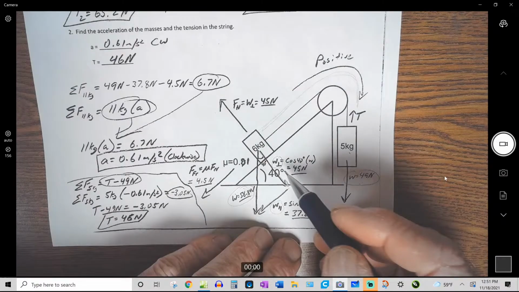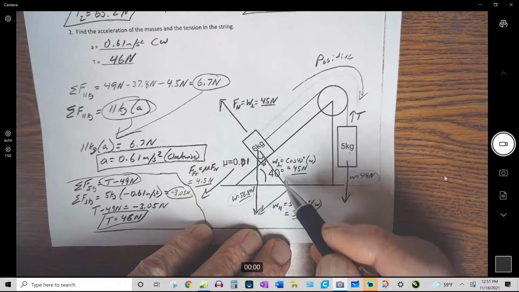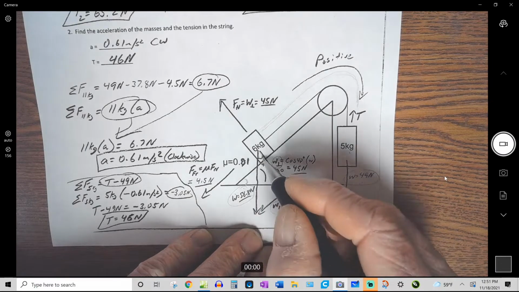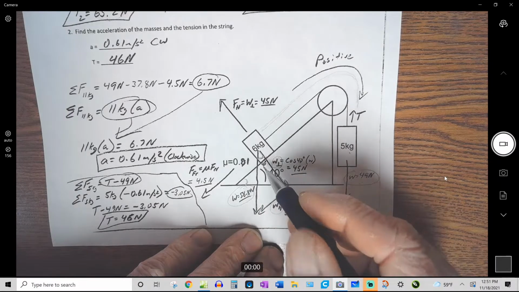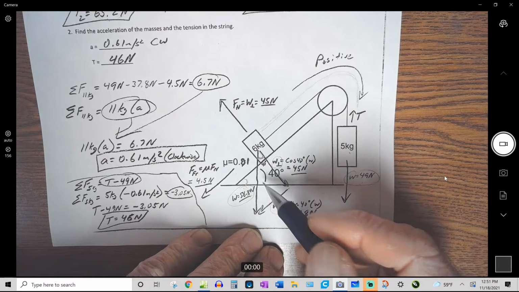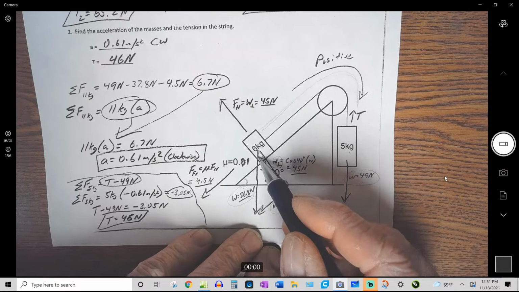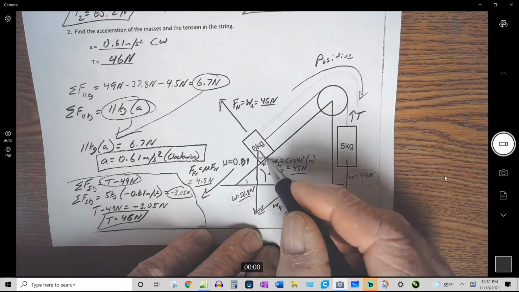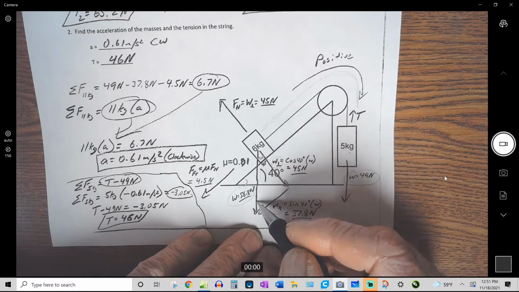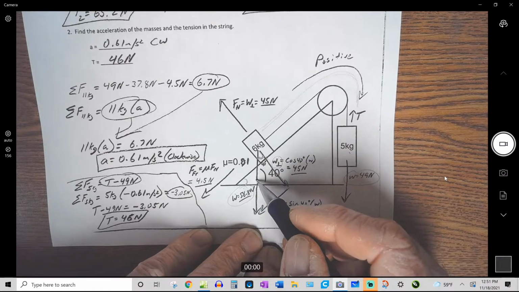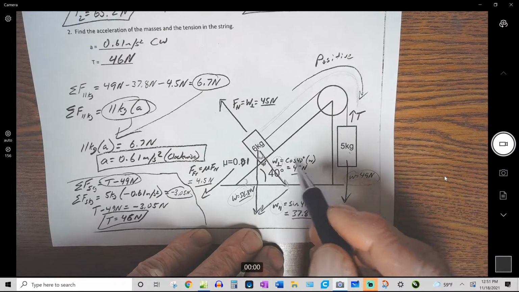So to find this perpendicular component, if this angle is 40, then this angle is also 40. And if this angle is 40, then I can say that cosine of 40 degrees equals the adjacent over hypotenuse, and therefore the cosine of 40 degrees times the hypotenuse gives me the adjacent.